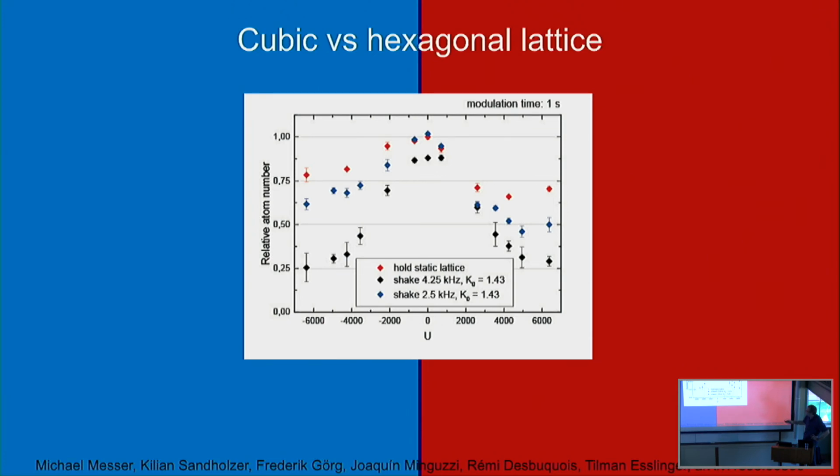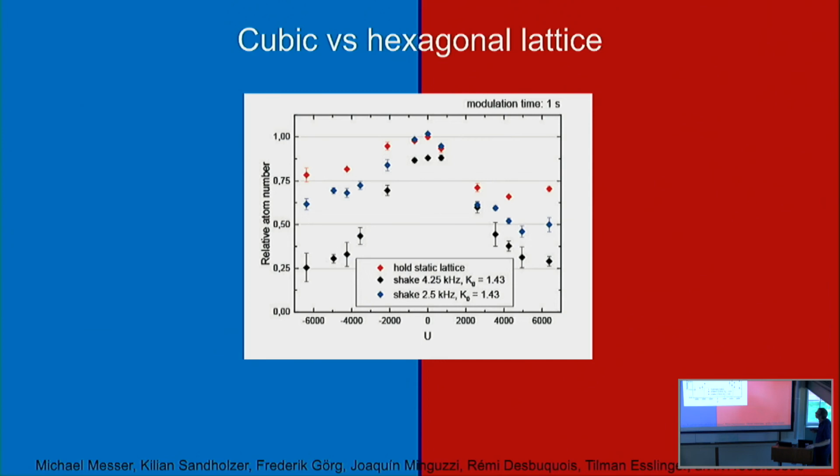And for a shaking of 2.5 kilohertz, those are the blue points. So it's not too bad. Here it's getting a bit worse at higher frequencies. And the black curves are 4.25. Again, there are regions where you can work fairly well. Okay, it's 1 second, so it's a long time.